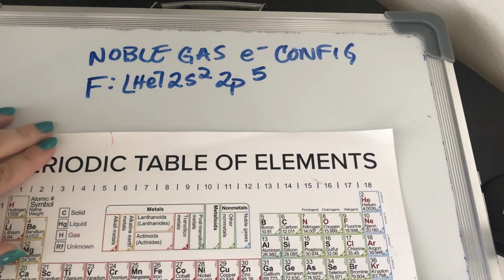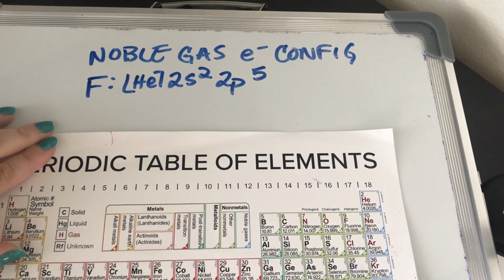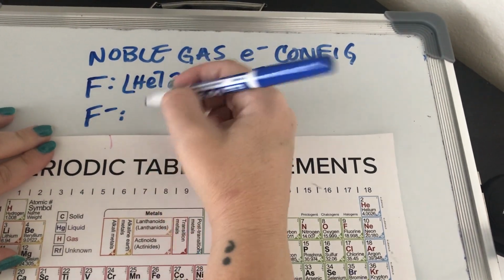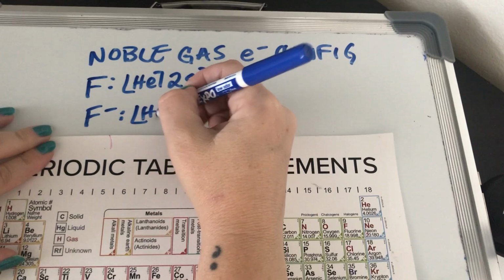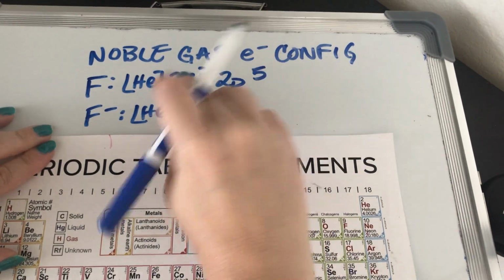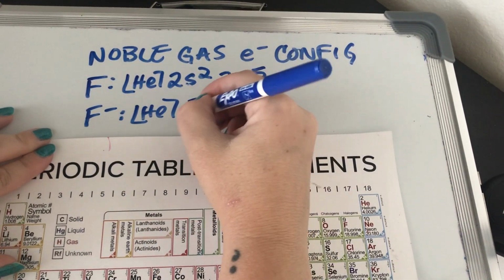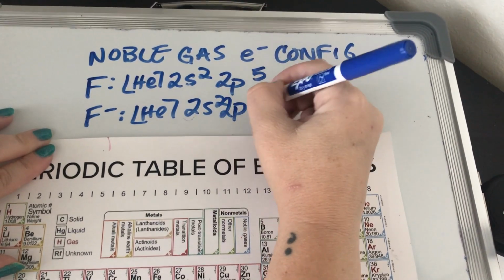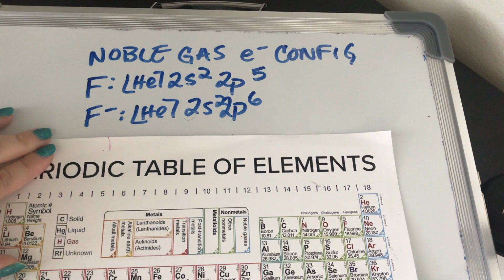And what's the maximum number of electrons I can have in the p orbital? 6, exactly. So if I add one more electron, I would be adding it to that p orbital.